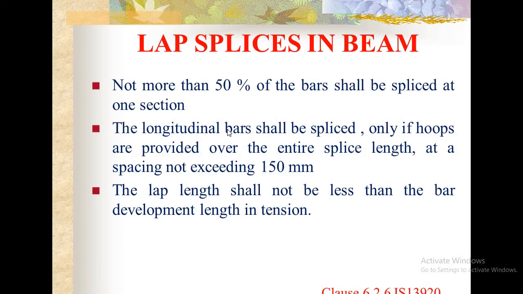Lap splices in beam: not more than 50% of the bars shall be spliced at one section. The longitudinal bars shall be spliced only if hoops are provided over the entire splice length at a spacing not exceeding 150 mm. The lap length shall not be less than the bar development length in tension.